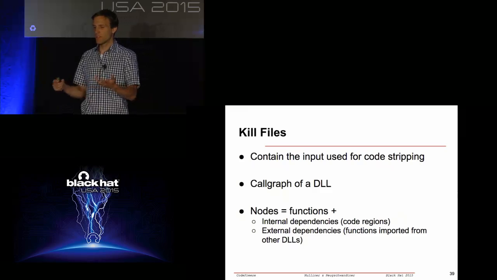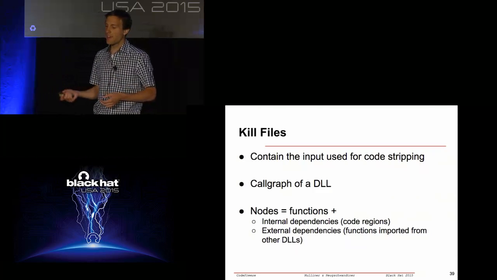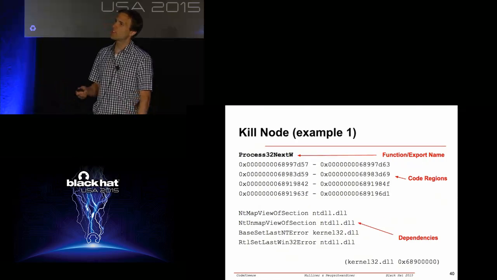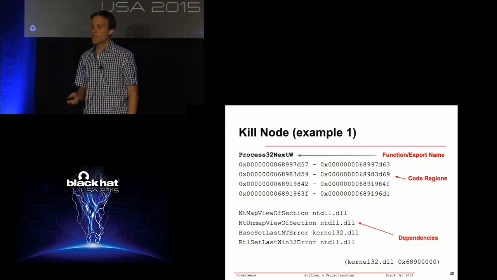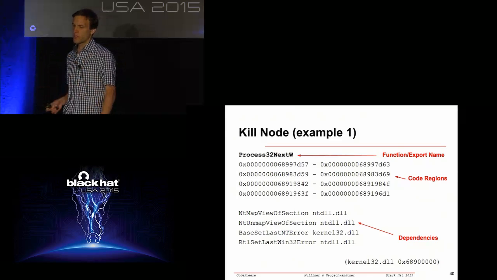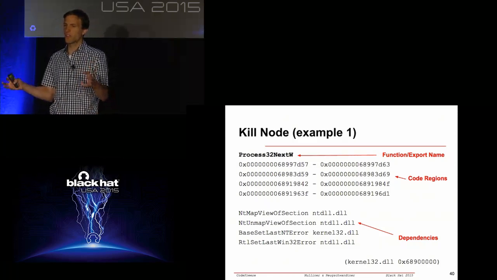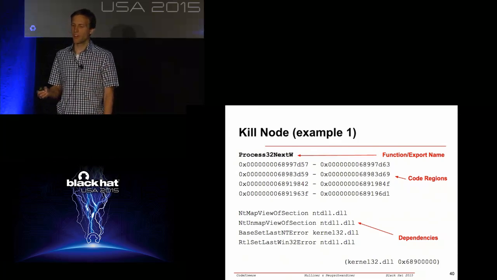The nodes within those kill files are functions plus the internal dependencies, so the code regions, and the external dependencies, so functions that are imported by the DLL from other DLLs. And this is what such a kill node within such a kill file looks like. So we have Process32Next here. That's the export of this DLL.